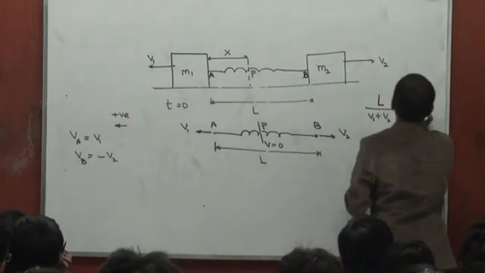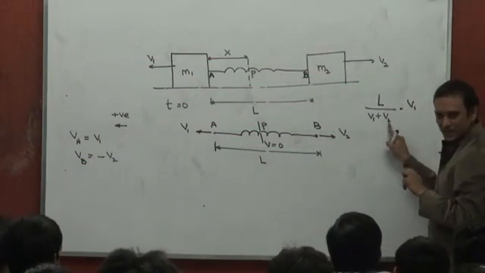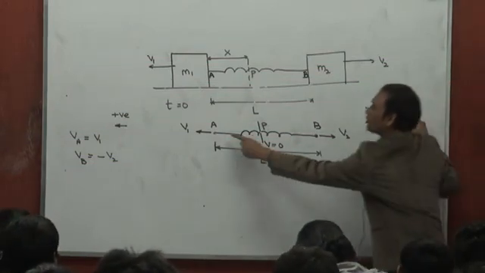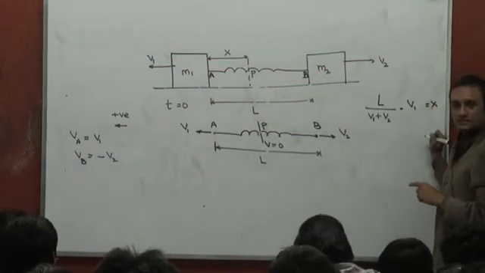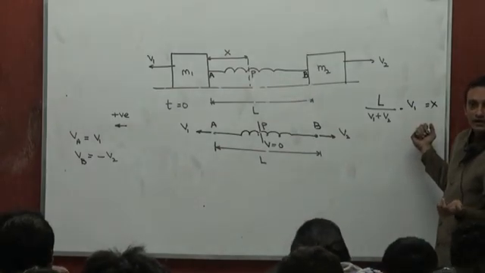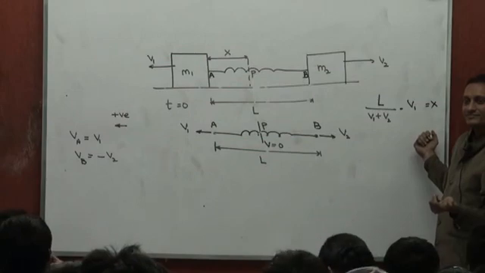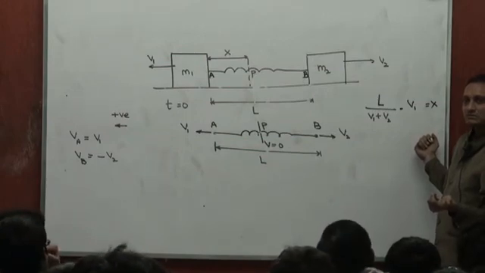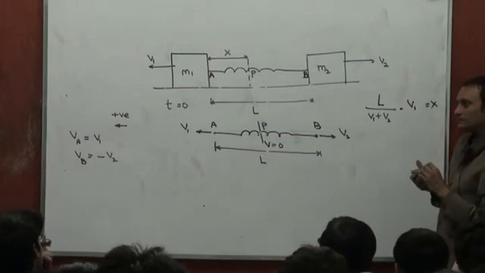So what's the distance required? For a change in velocity V1, the distance required must be this. This is shopkeeper's method, isn't it? Proportionality. Confused, no? Little, no?